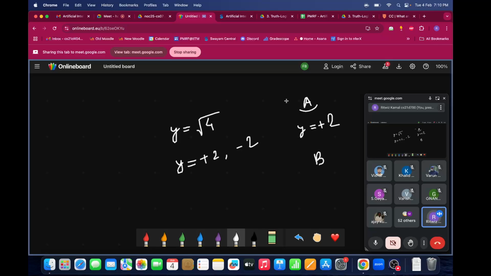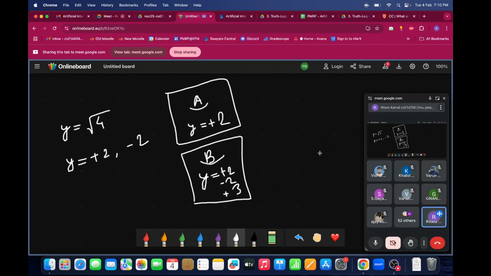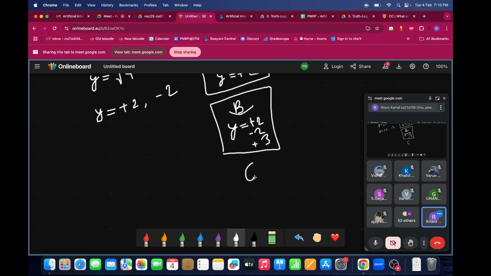There is another logical machinery B, which says that y equals plus 2, minus 2, and also y equals plus 3. And let's say there is a third logical machinery C that says y equals plus 2 and minus 2.